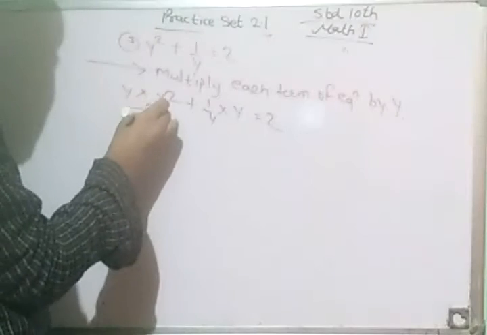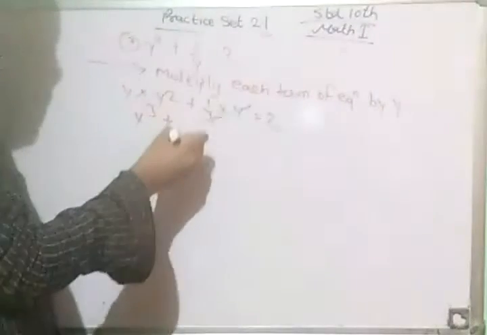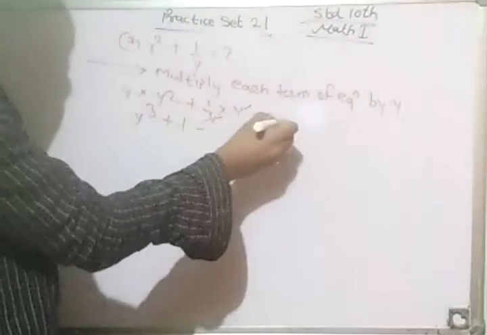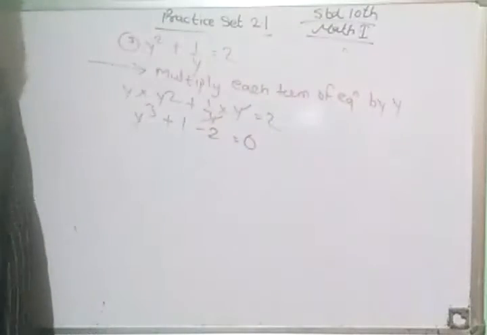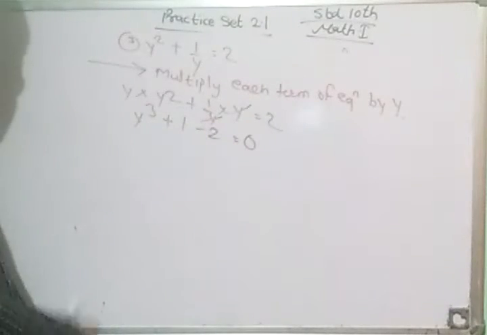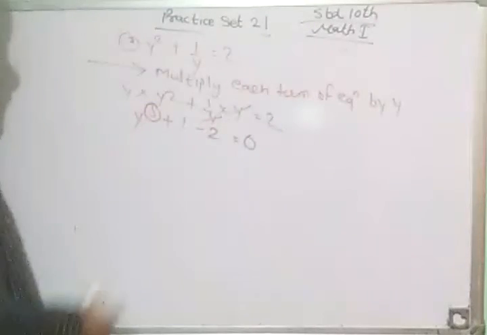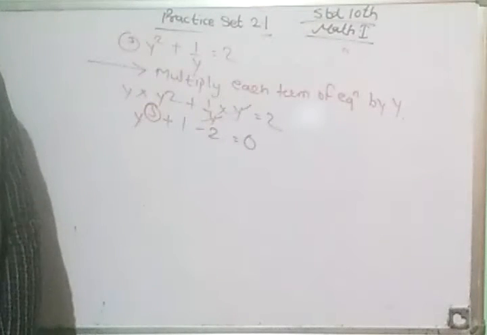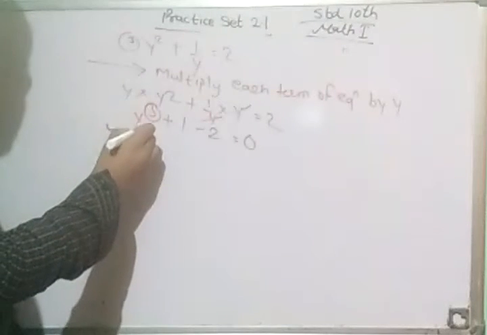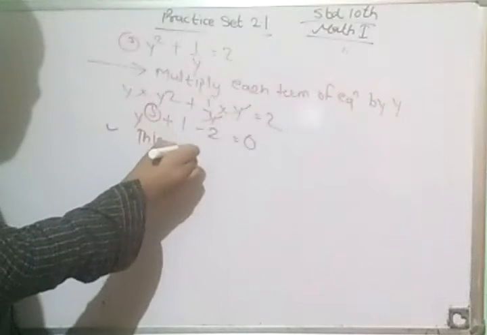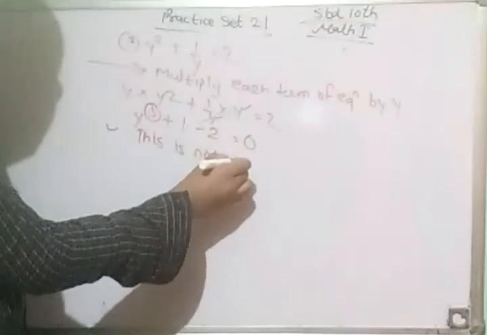So y cube plus 1 is equal to 2, and 2 changes to minus 2, so y cube plus 1 minus 2 is equal to 0. This is not a quadratic equation because the highest index is 3, and we need the highest index to be 2. So we write in a sentence: this is not a quadratic equation.